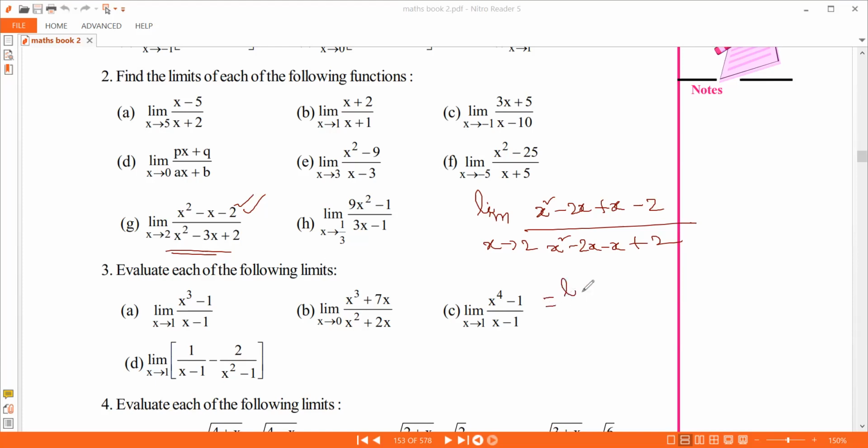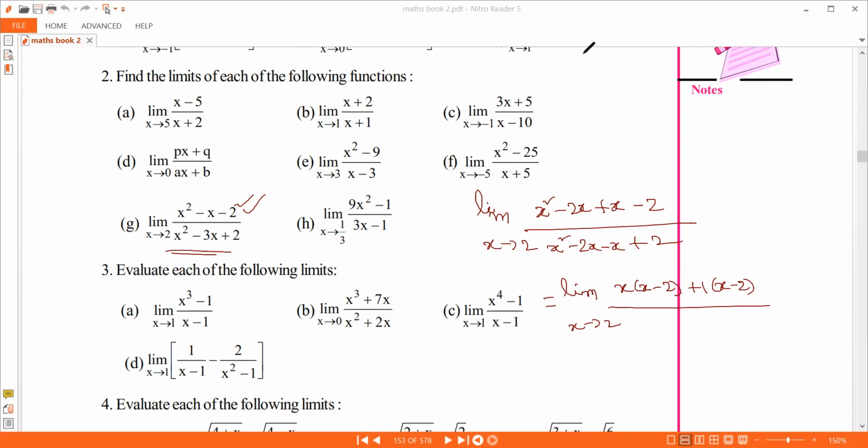You have to know the split of quadratics, right? I hope you remember. So it is x into x minus 2 plus 1 into x minus 2. Split the quadratic. So it will be x minus 2 and x plus 1. Yes, you have to write that.